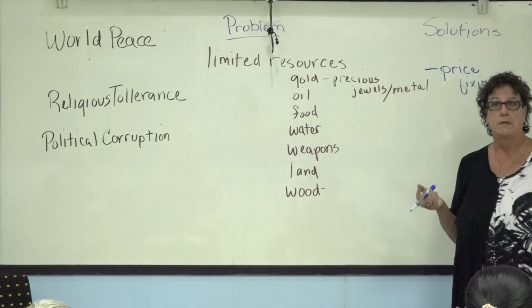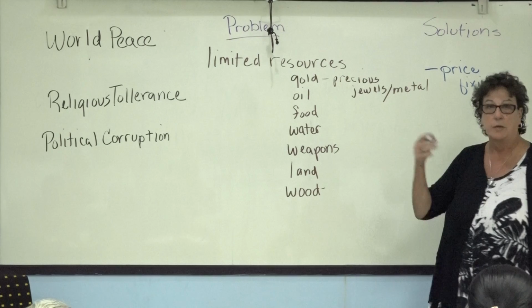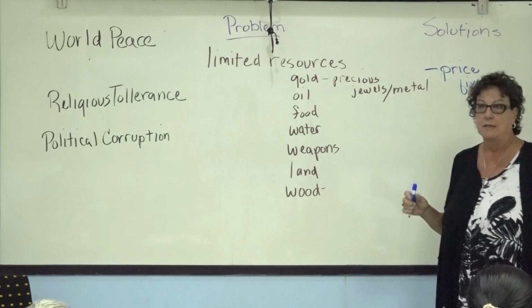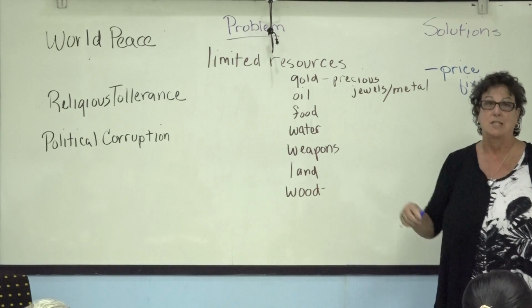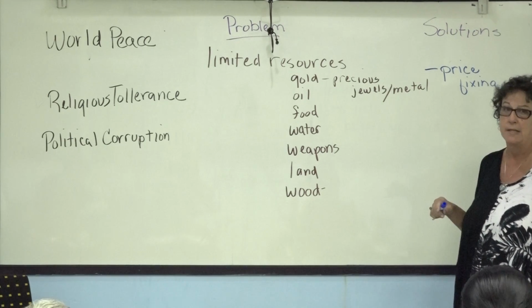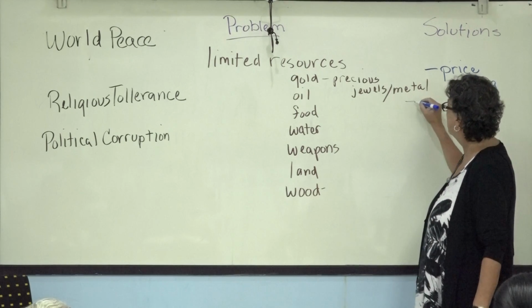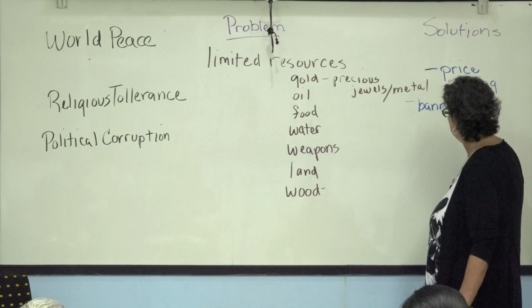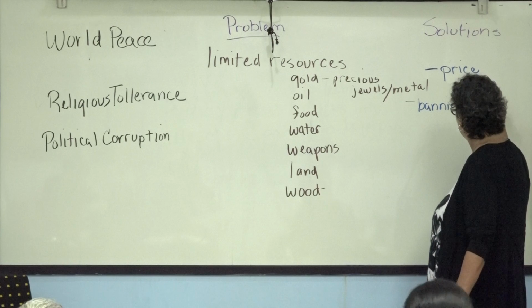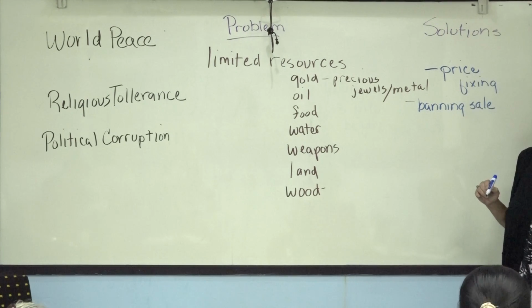And so one of the things that's been done is the international community has basically banned the people that supply them from supplying them, so that they can't make money off of doing it. Banning the sale. What else might you do?